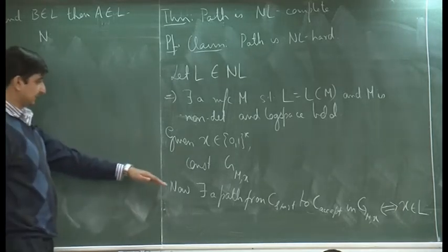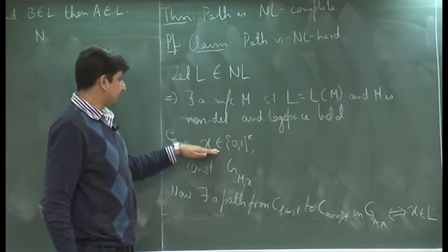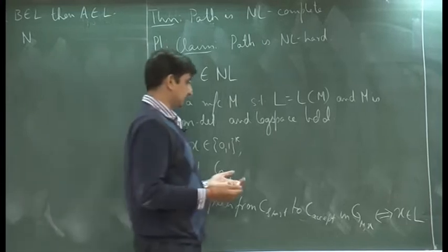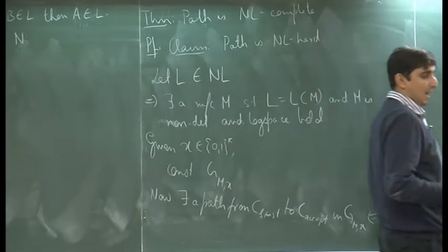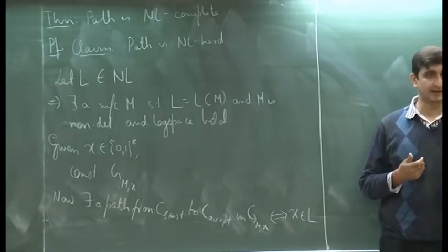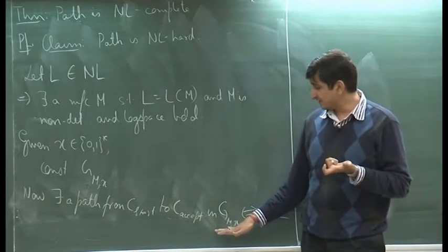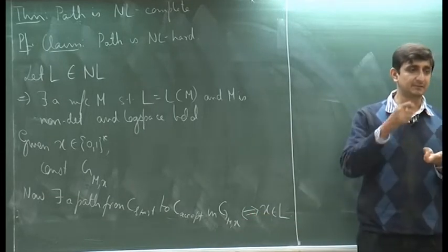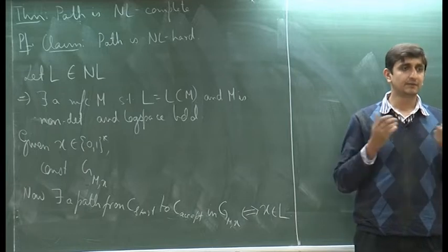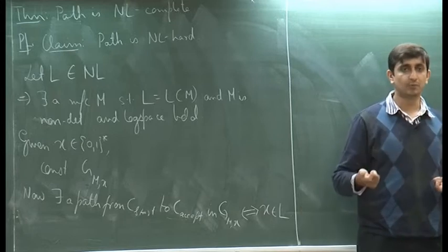So, it is basically just taking the machine M, taking the input x and outputting all the configurations, basically you have to output all the edges of G M x. So, for all pairs of configurations C and C prime, by looking at the transition function of M, you check whether C prime is reachable from C in one step. If it is, you say that C comma C prime is an edge in G M x and you output that edge.